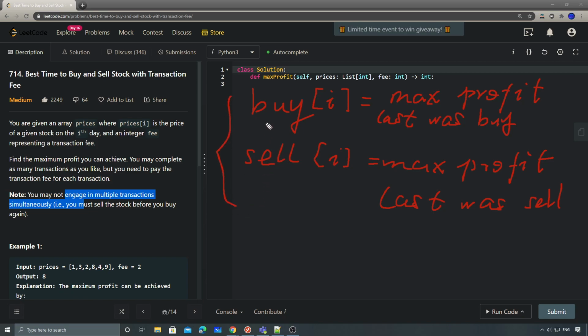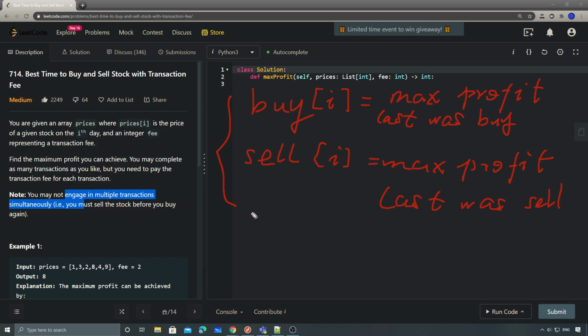The reason we need these two DP arrays is that when we calculate sell[i] or buy[i], we need the other array to help us. Let's say if we want to sell on the i-th day, the prerequisite is that we have to buy the stock first.